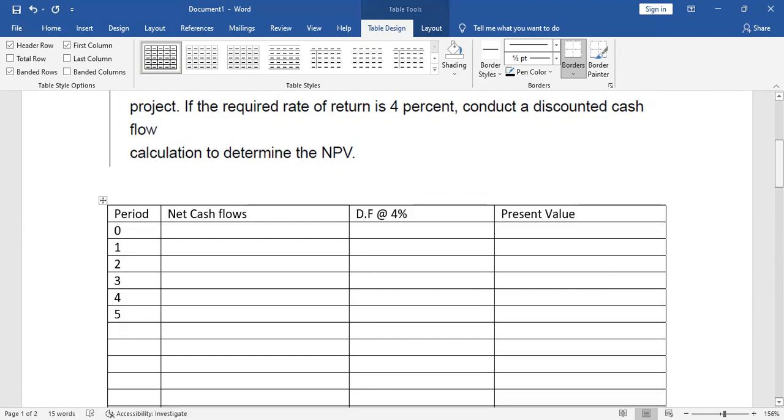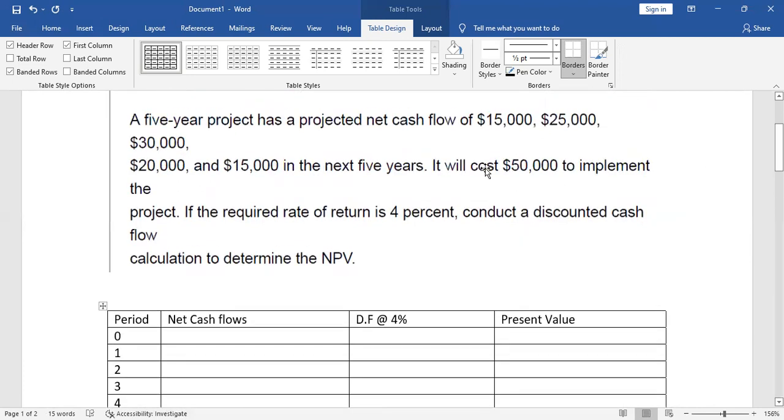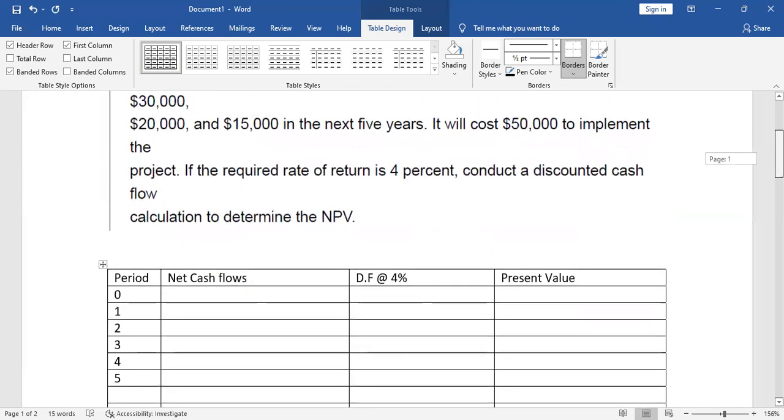So in period 0, what you indicate is the cost of implementing the project. Since it's a cost, it's negative, and negative is usually indicated by putting brackets, so the cost is 50,000. I'll quickly put the 50,000 in brackets.